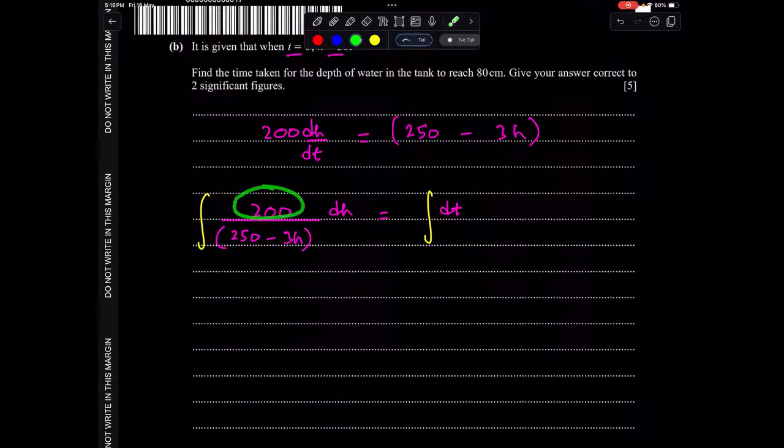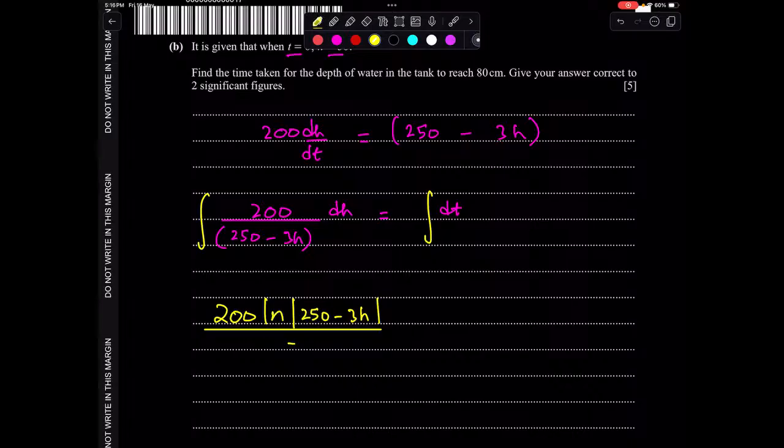Now bring this 200 outside the integral and integrate this by means of ln. So 200 ln modulus 250 minus 3h over minus 3, the differential of minus 3h, equals t plus c. So adhan is going on, so just wait 1 or 2 minutes.